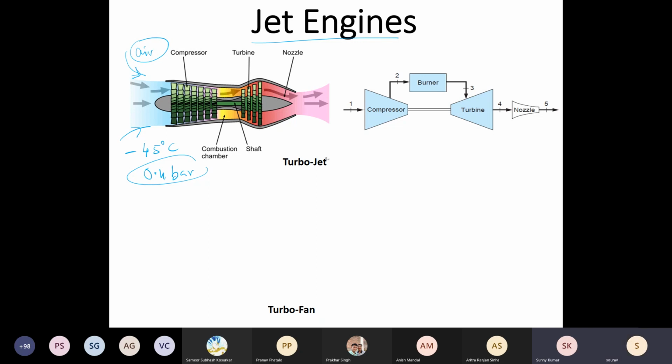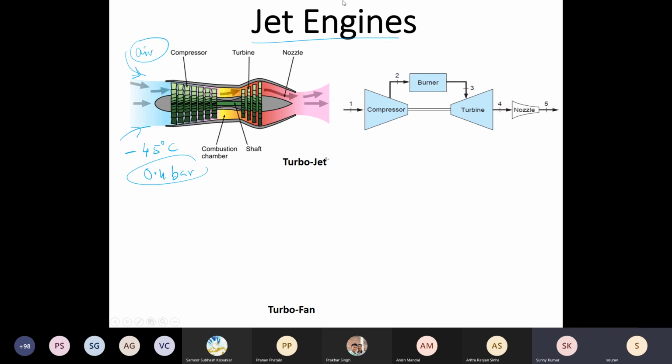So what we have to first do is compress this air. We compress this air and then we add heat. Adding heat is just to combust some fuel. What is the fuel?